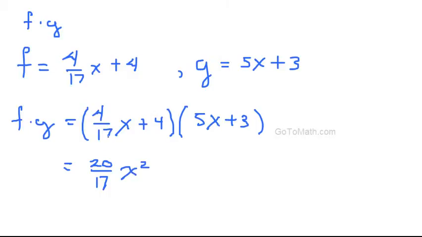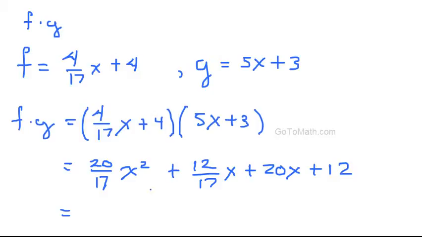And then of course 4/17 x times 3, that's going to end up being 12/17 x, right? 4 times 3 is 12. Okay, 4 times 5x is 20x, and 4 times 3 is 12.